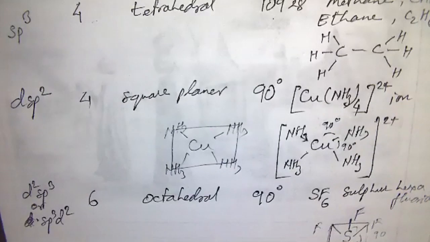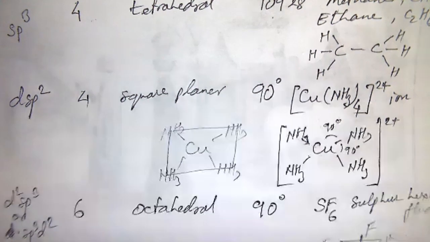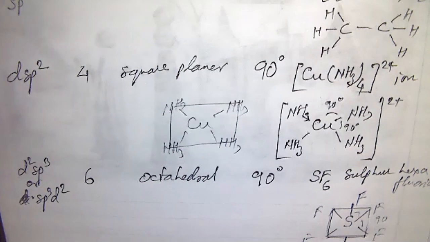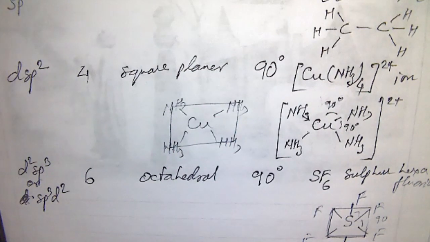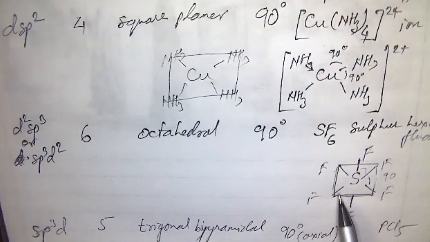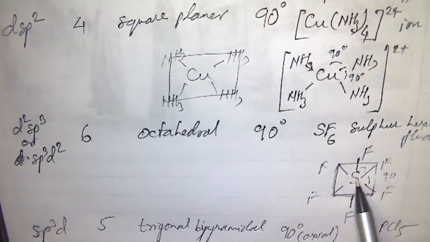Understood? Then you had the next one, d2sp3. d2sp3 is similar to sp3d2 that has six hybrid orbitals. It is octahedral. 90 degrees is the angle. And example is SF6, sulfur hexafluoride. So here you have a square in which four fluorines are there at the corner, one fluorine exactly on top and one fluorine below.